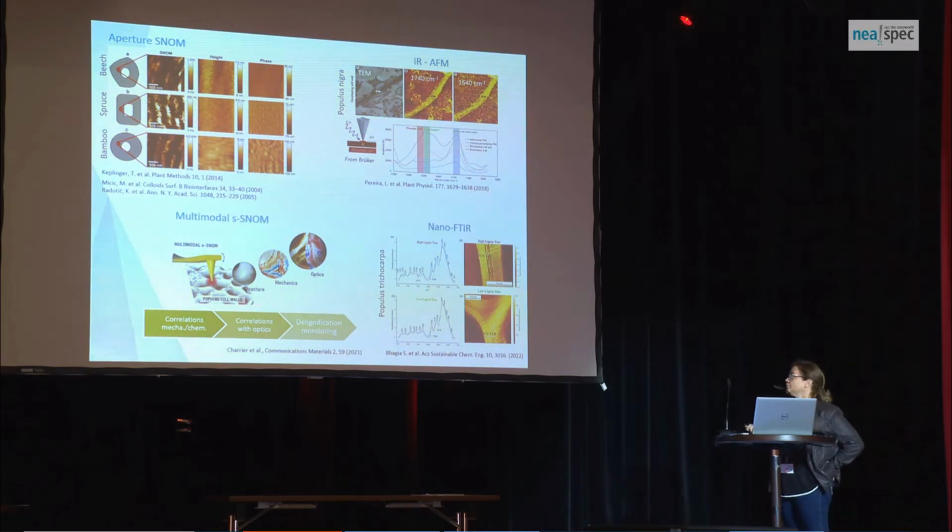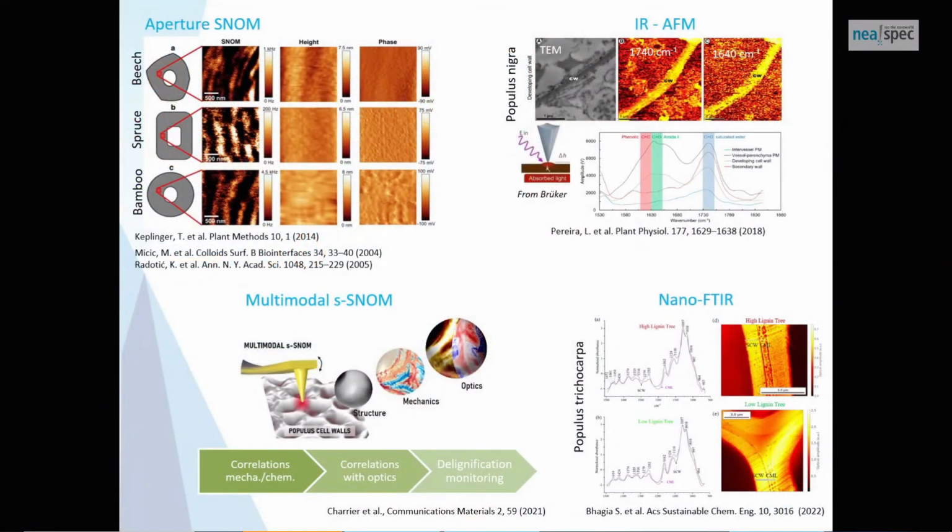So I will try to show you some correlation and also show you that we can actually monitor the delignification process. There is also, following our work, a nice work from the Ragoskas group on Populus trichocarpa. I will not say too much because I think there is a talk after me in this session.